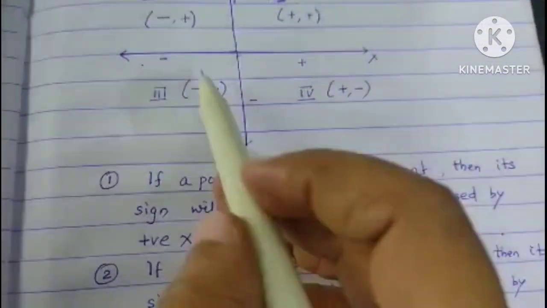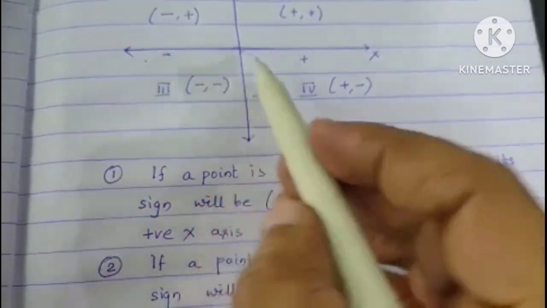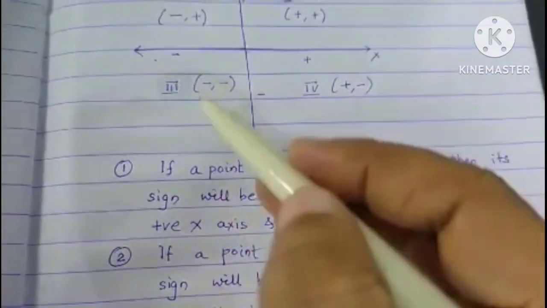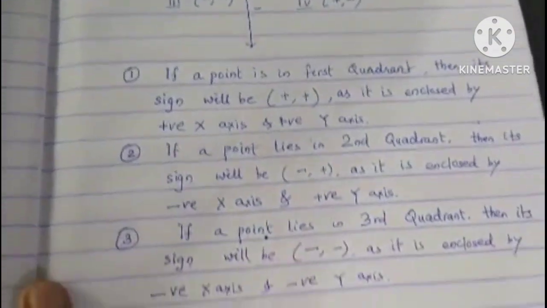As you can see here, this is the negative x axis and this is the negative y axis, so all the points lying here will be of the form minus and minus.